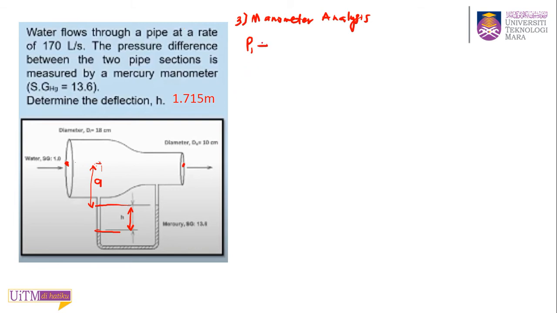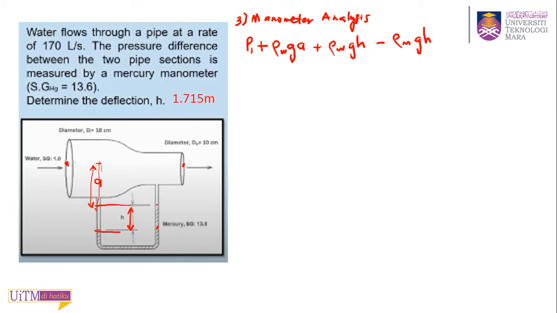So P1 plus rho of the water G times A. So we go down, and then you plus rho water GH, and then your point is here now, and you can move your point to here. So you go up, then you minus rho mercury GH.